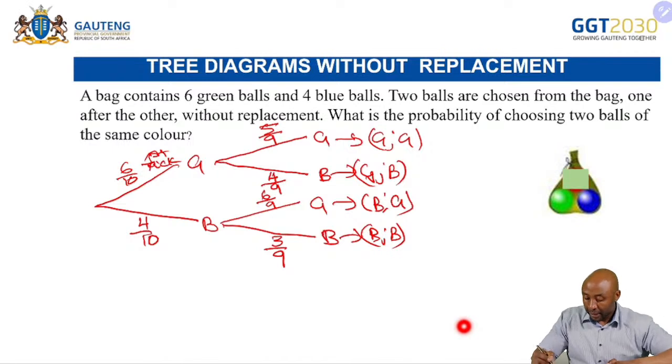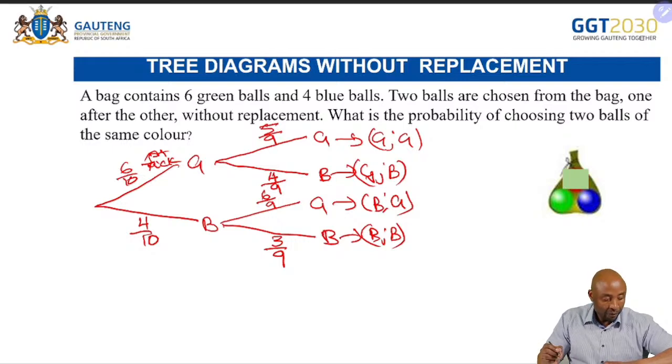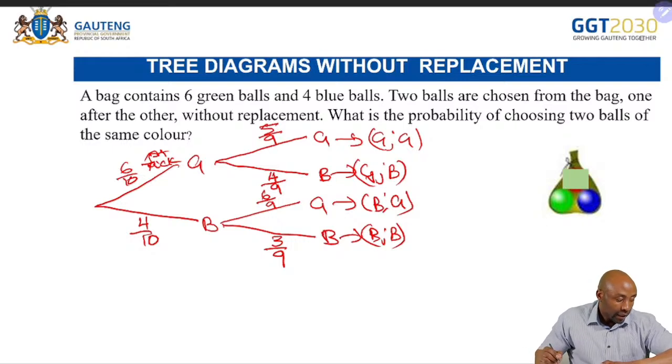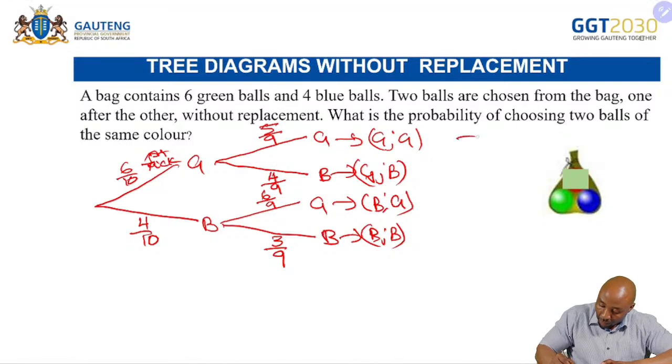So once we are there, our probability outcomes become 6 over 10 multiplied by 5 over 9. And that should give us 1 over 3 by simplifying. That gives us 2 over 10. It's 3 over 10 multiplied by 3 over 5.